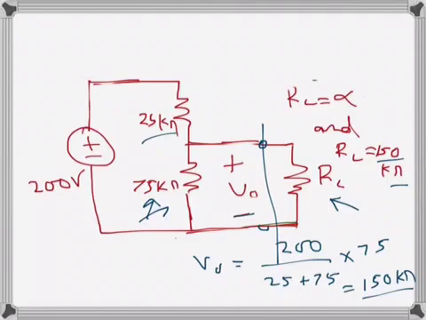That's fine. But when RL becomes 150 kilo ohms, not infinity anymore, then there is a finite resistance here, and we cannot directly apply the voltage divider rule. First we have to find the equivalent resistance, because these two are in parallel.